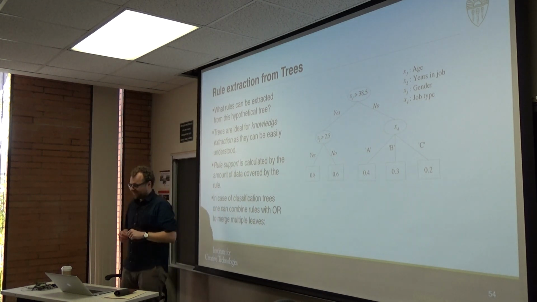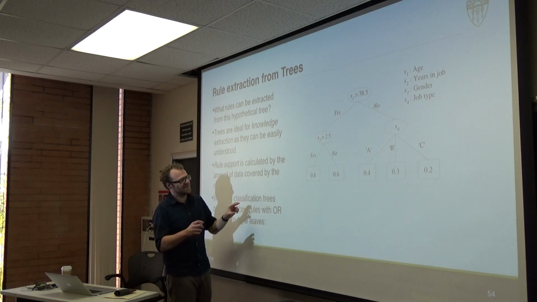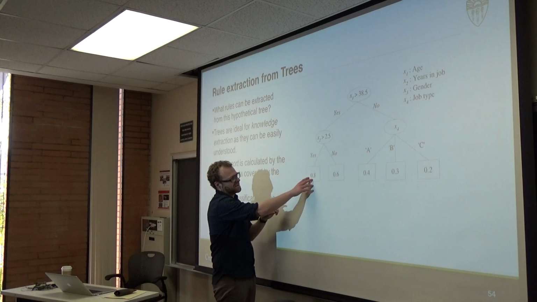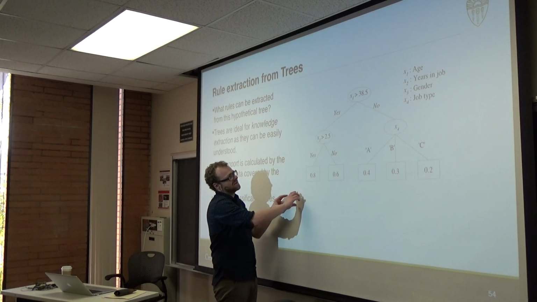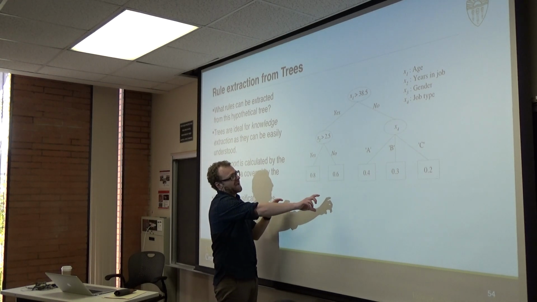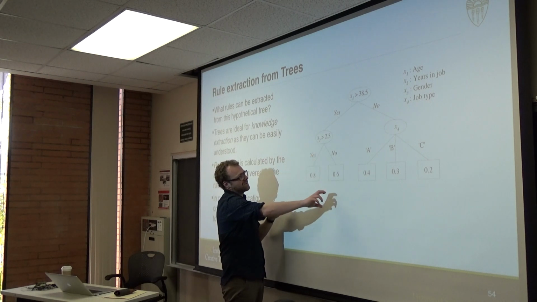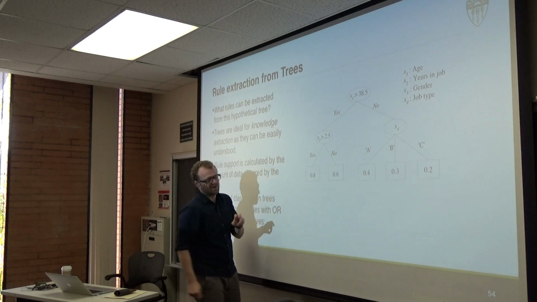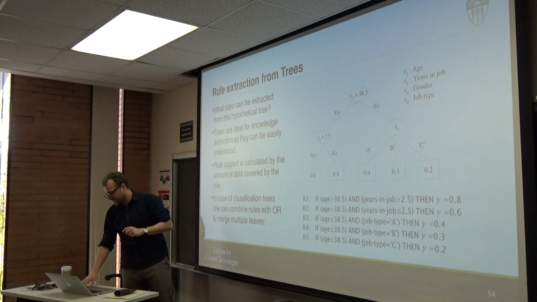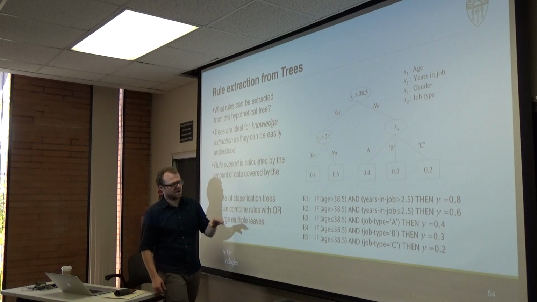So you basically create a rule for this 0.8, and you say if age greater and years in job greater than 2.5, then 0.8, and basically this is how you derive 5 rules.